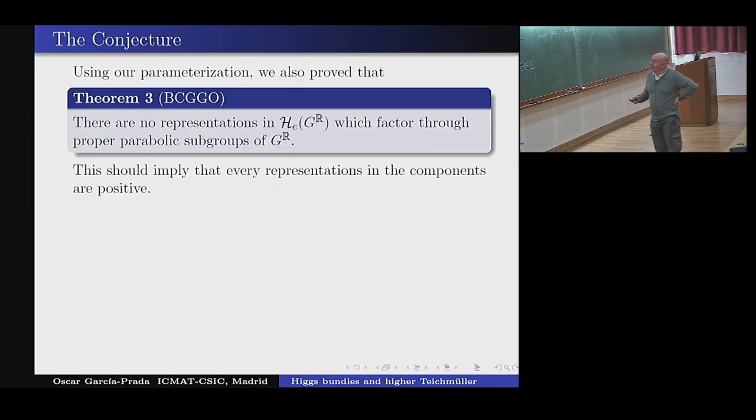Okay, what else? Using our parametrization, we also proved the following. There are no representations in these components which factor through a proper parabolic subgroup of G_R. And this should imply that every representation in the components is positive.